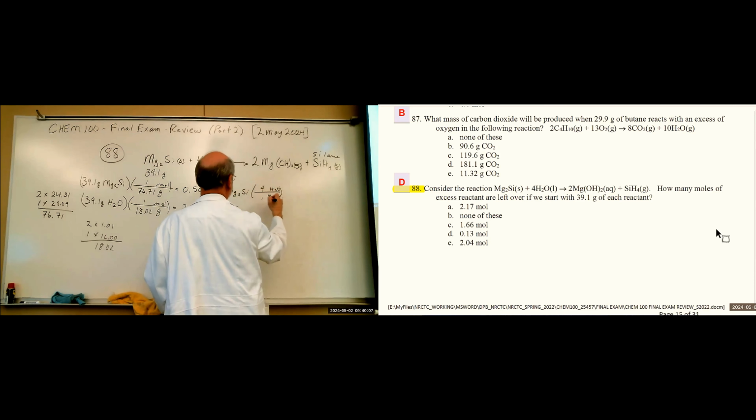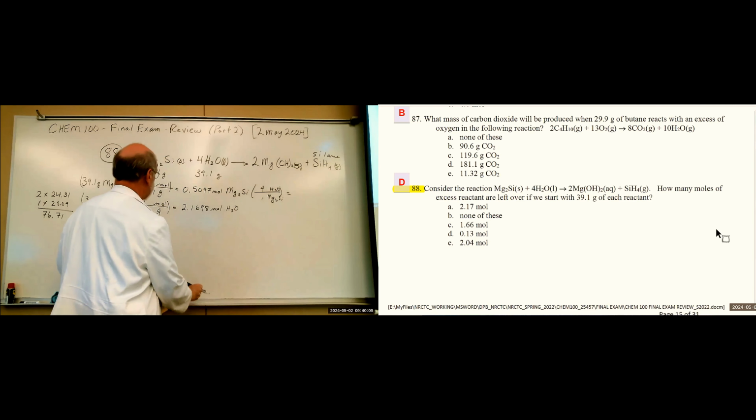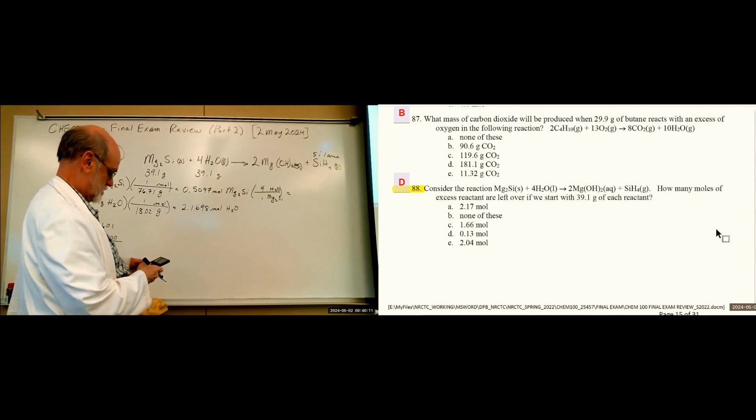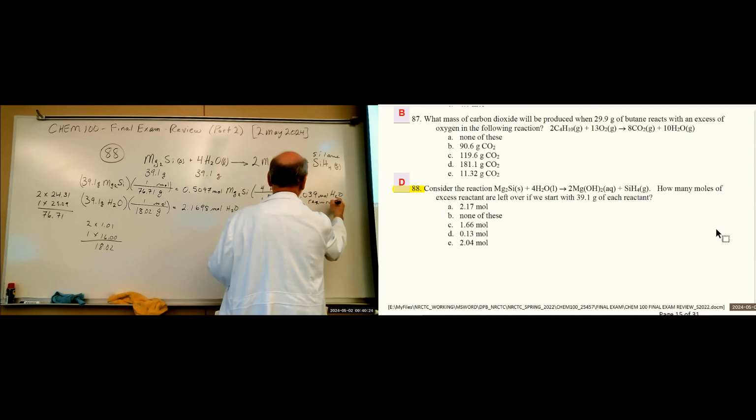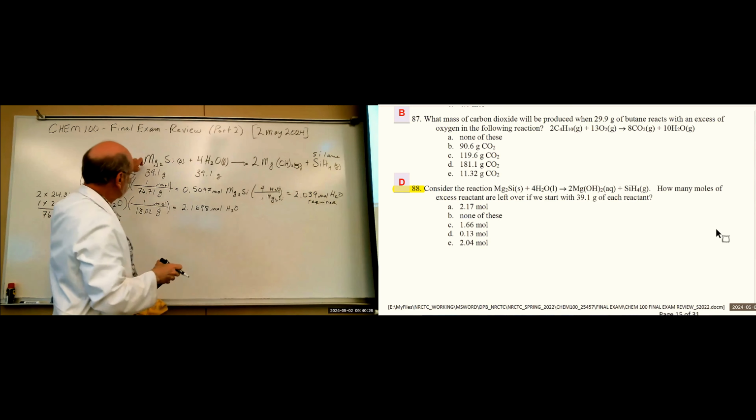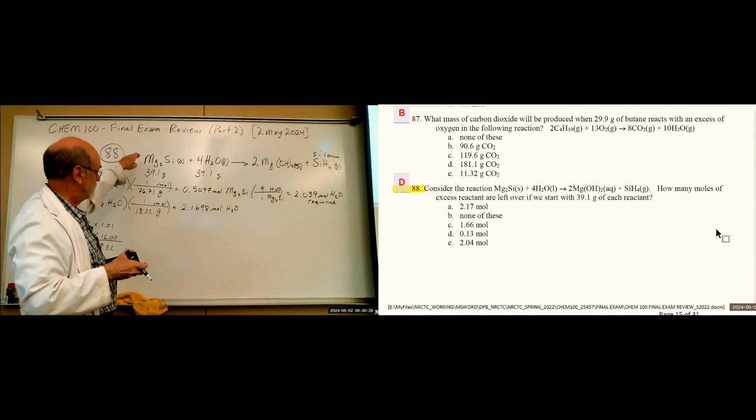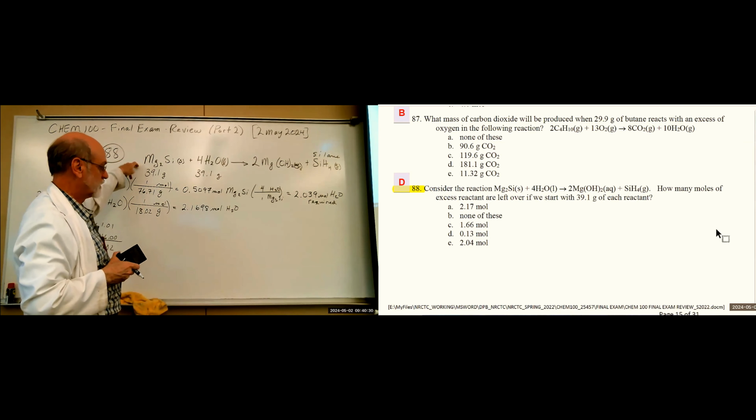All right, 4 there and 1 there. So 4 times that value is 2.039 moles of water are required for that much magnesium silicide.